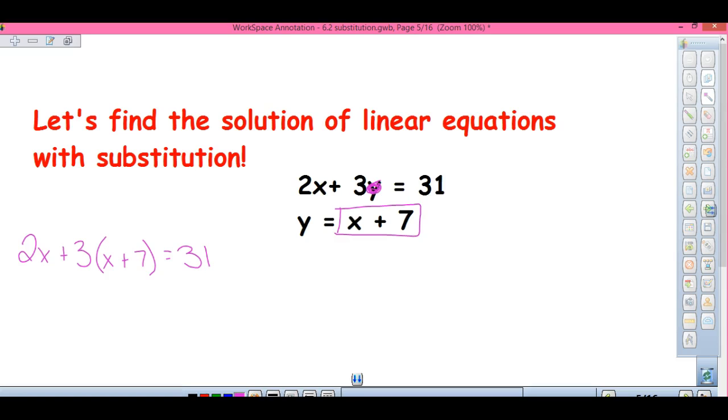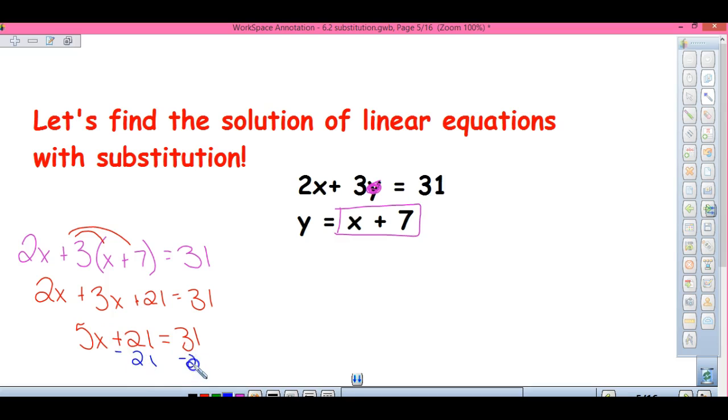So what do I have to do? Distribute. So 2x plus 21 equals 31. So how many x's? 5x plus 21 equals 31. Now what? Minus 21. 5x equals 10.